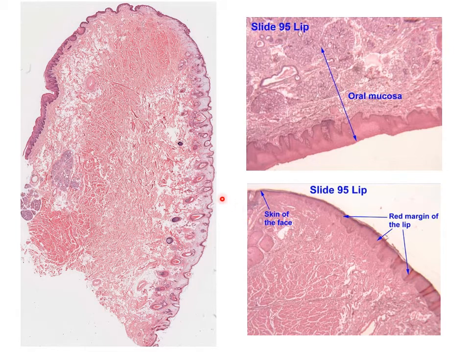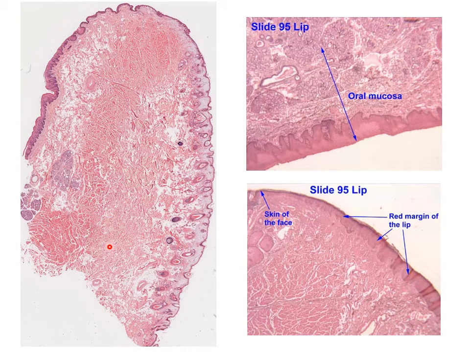This slide illustrates a specimen of the lip of a baby. Why is that important? Because you have to draw the scheme in your practical book. So let's analyze its histological structure. The lip has three surfaces: the outer or skin surface, the red margin of the lip, and the oral mucosa or inner surface of the lip.